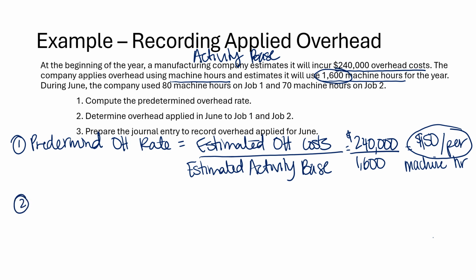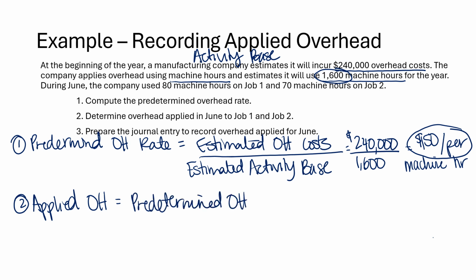Second, determine overhead applied in June to job 1 and job 2. The formula for the amount of applied overhead is applied overhead equals the predetermined overhead rate times the actual activity base used.